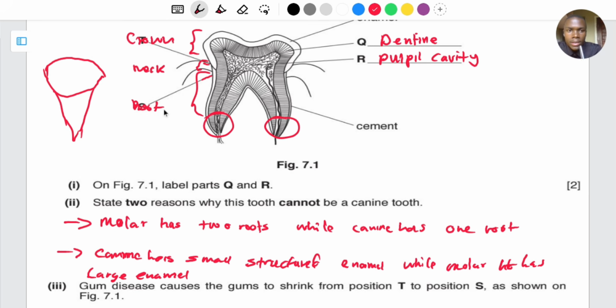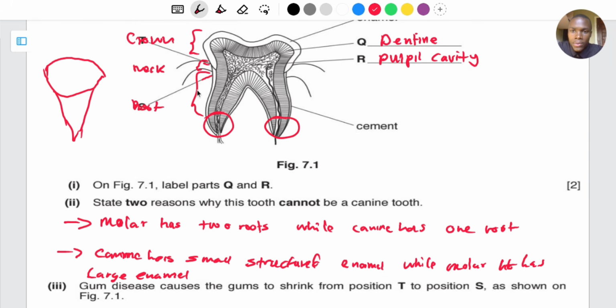If the neck or the root is exposed to the external environment, note that the GIT is not part of the intracellular structure. It is an external part, because the GIT is a continuous tube from the mouth up to the anus. So the contents in the GIT are not part of the intracellular.